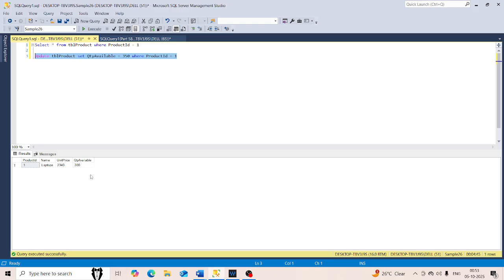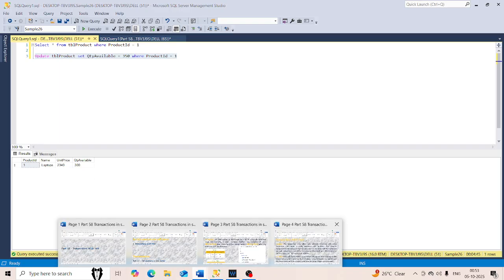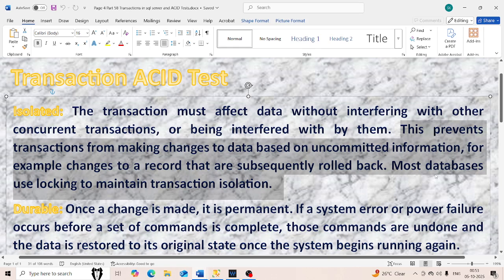So a transaction should also be isolated, and a transaction should be durable.